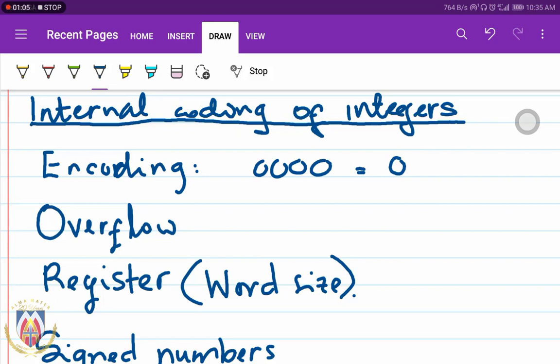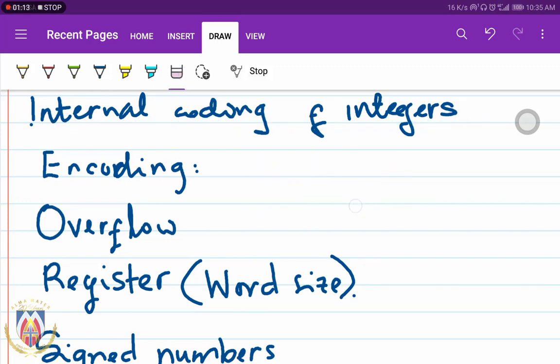That is, if this is base 2, this will be 0 in base 10. Using the same approach, we can come across a number like 0001 in base 2, and this number would be equal to 1 in base 10.